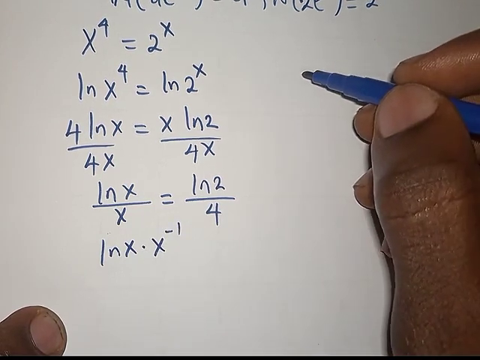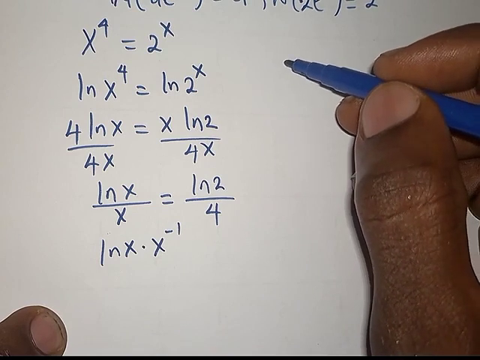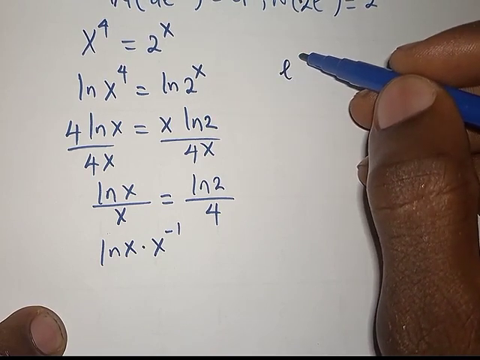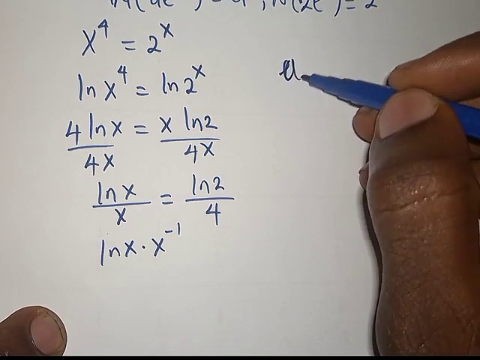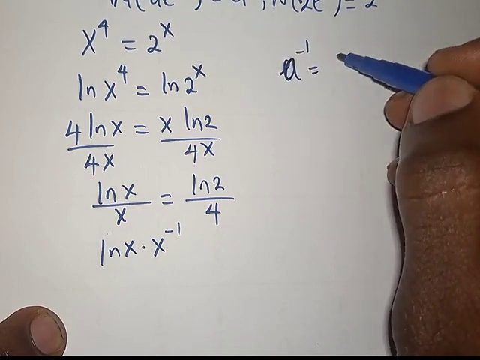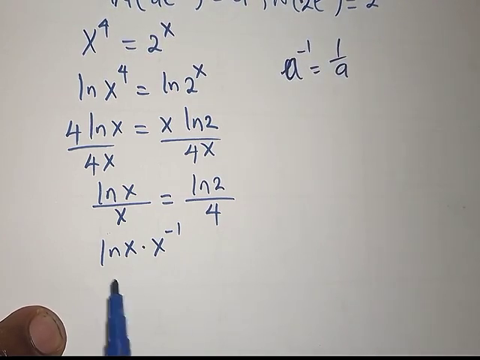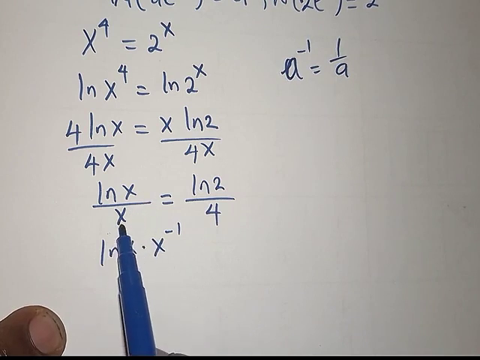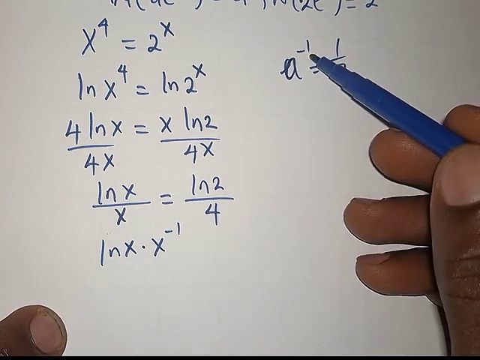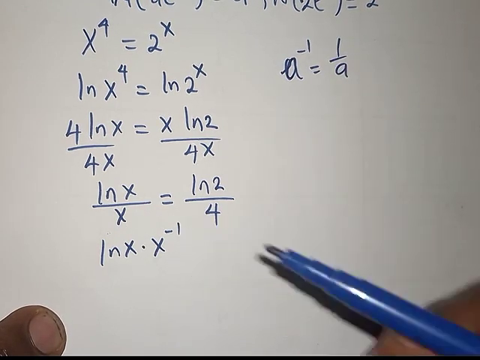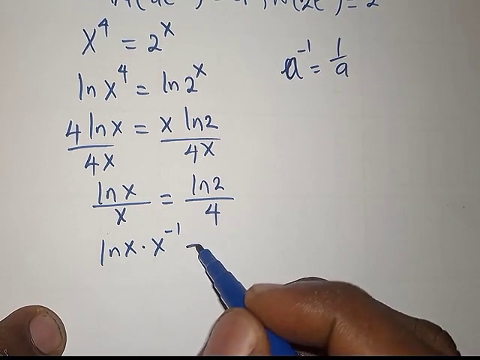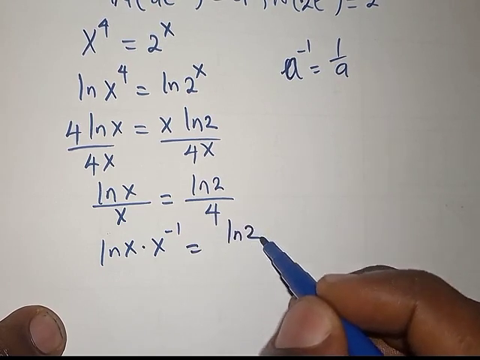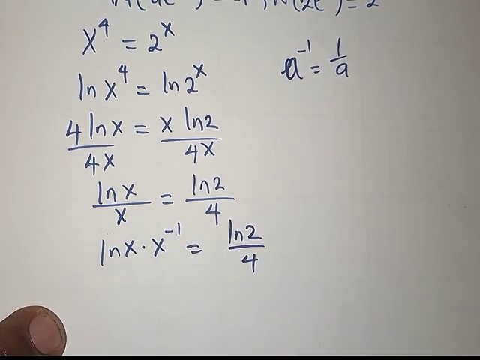That is from the law of indices that says whenever you have a to the power minus 1, this is going to give us 1 over a. So here you can see that the 1 over x is what we want to write in index form like this. That's why I put x to the power minus 1, then equals ln 2 over 4.